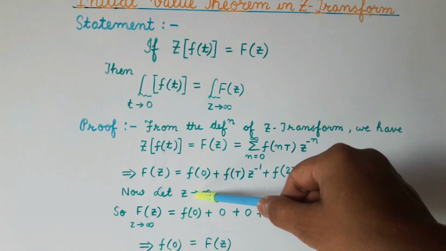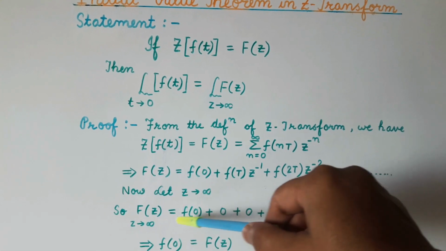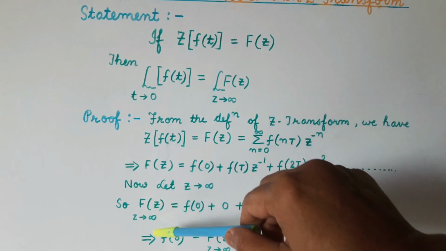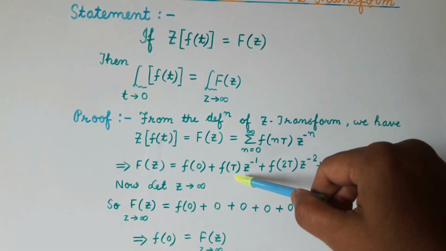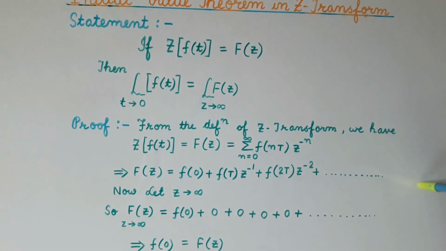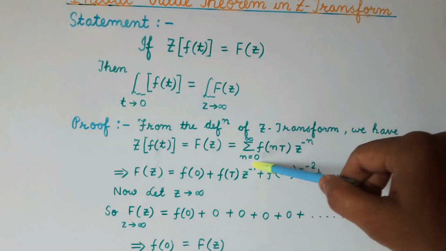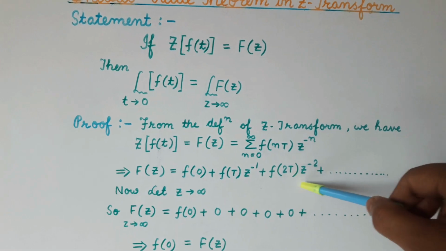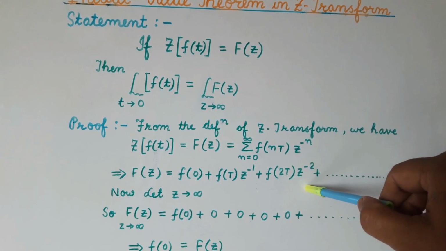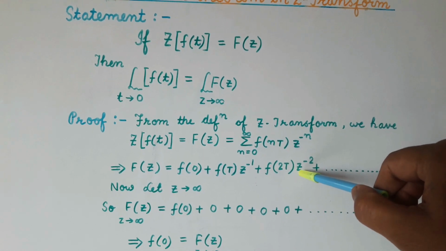Now let z tend to infinity. So we have F(z) when z tends to infinity is equal to f(0) plus 0 plus 0 plus 0 and so on, because z to the power minus 1 will be equal to 0, z to the power minus 2 will also be equal to 0 when we substitute the value of z equal to infinity.